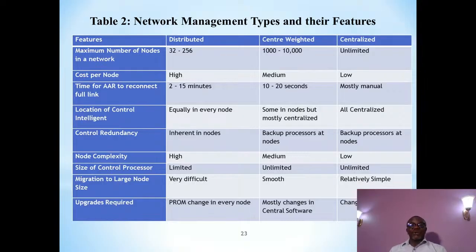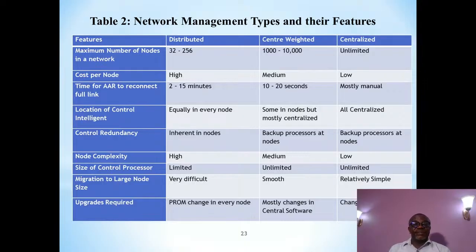Now, here one can say that the centralized is advantageous, but recall that a fault can occur if it is only in one centralized place. And when that fault occurs, the system will all be down. That is why the center weighted has it in some of the nodes, so that if the center one fell, then another node can take up that responsibility.